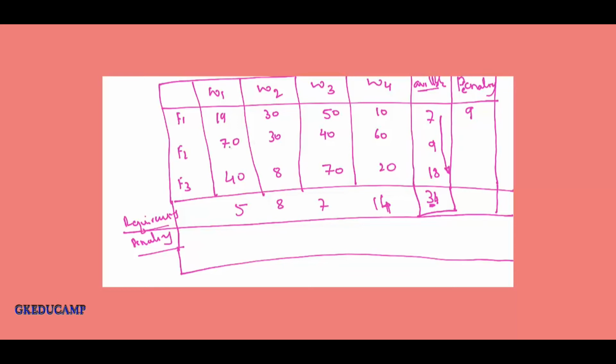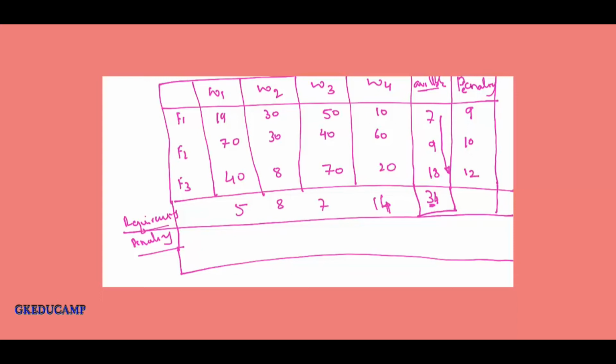Second row: 70, 30, 40, 60. Here 30 and 40 are the minimum, so 40 minus 30 gives 10. Third row: 8, 50, 70, 20. 8 is the minimum and 20 the next, so 20 minus 8 gives 12.